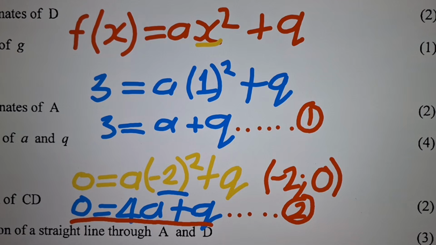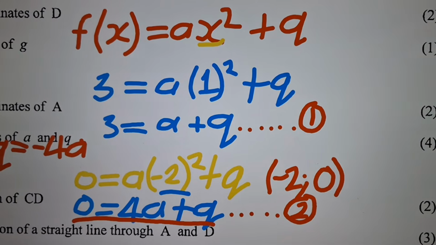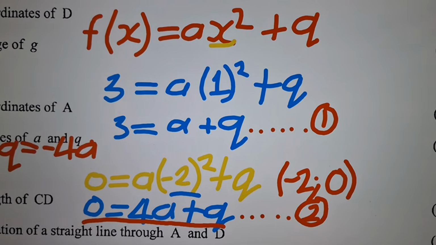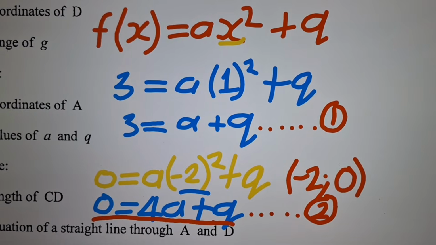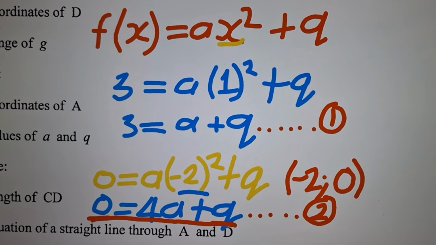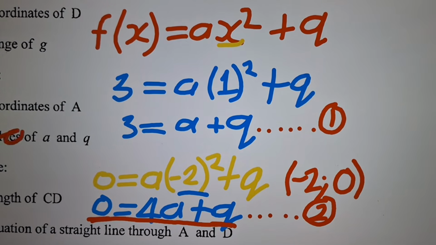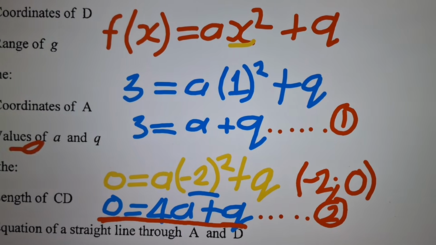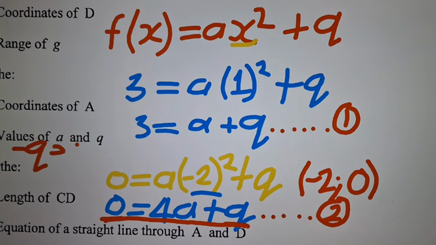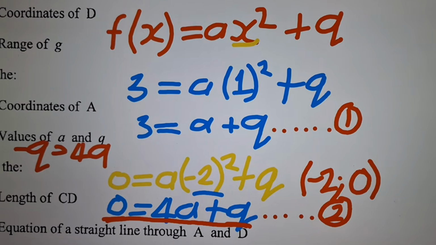Let's make q the subject of the formula, so q equals negative 4a. Let me start it like this. We are going to take this q to the other side, then you have negative q equals 4a.